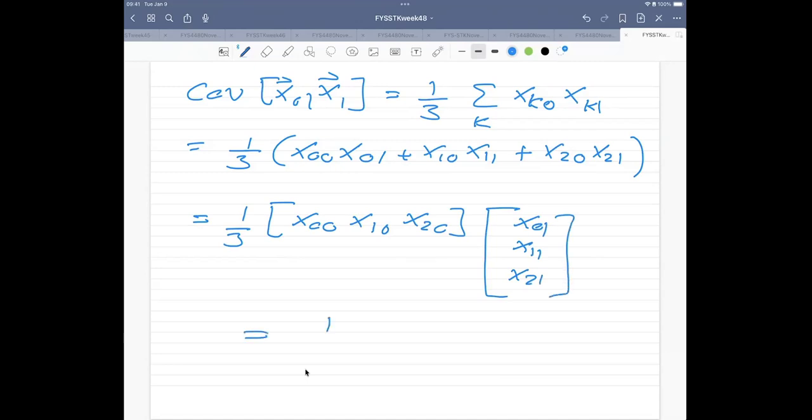And this is nothing but 1 over 3 of x0 transposed times x1. So where are we going now? Where we are going now is as follows. So let's redefine things a little bit.